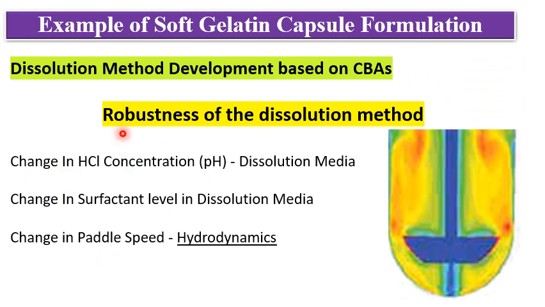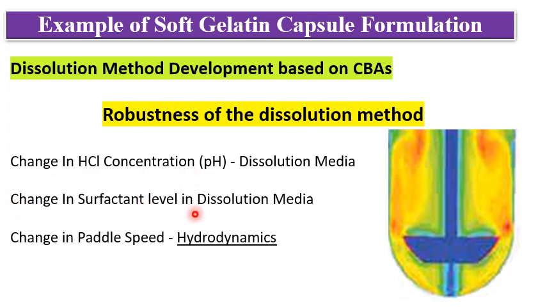Then checking the robustness of the dissolution method. So to develop a dissolution method and to check its robustness, changes are required in the HCl concentration, and that will have an impact on pH. The pH of the dissolution media is required to be checked and studied in detail, and its impact on the release is to be studied.